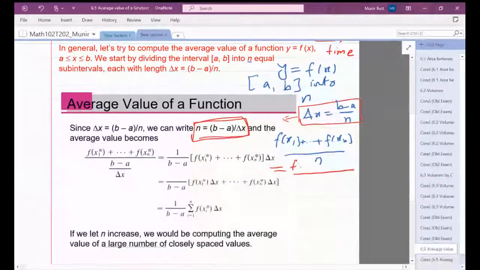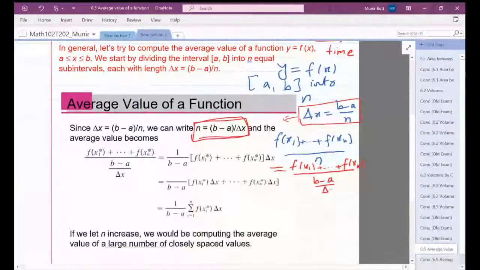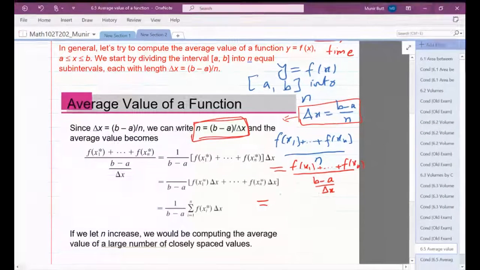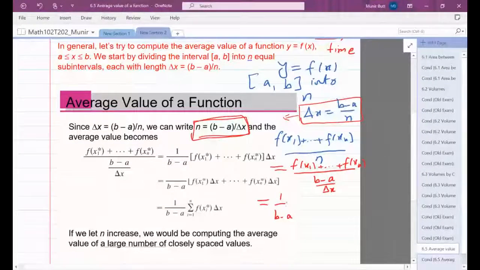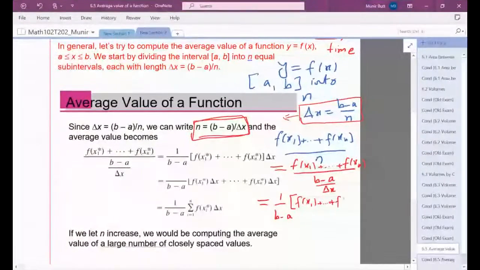You replace this value here, f of x1 plus up to f of xn, divided by b minus a over delta x. In mathematics you can write this as 1 over b minus a times f of x1 plus f of x2 plus up to f of xn, and here delta x comes up.